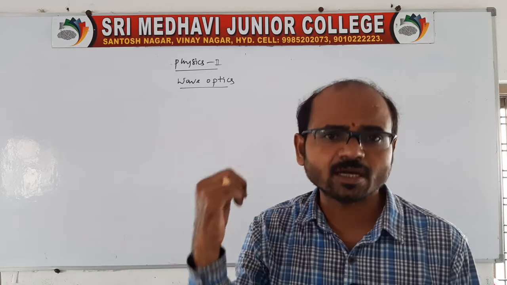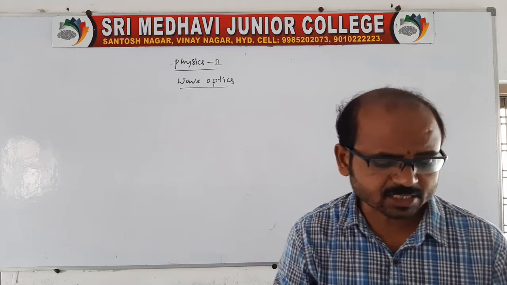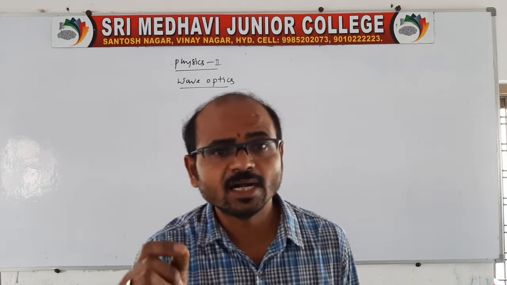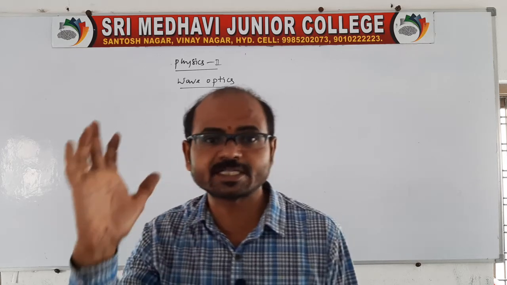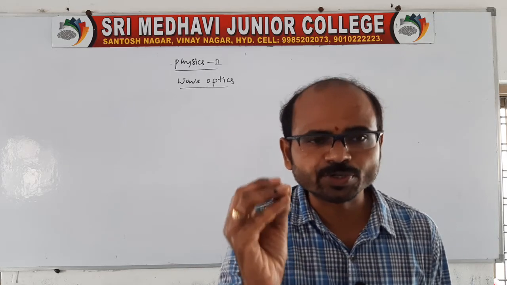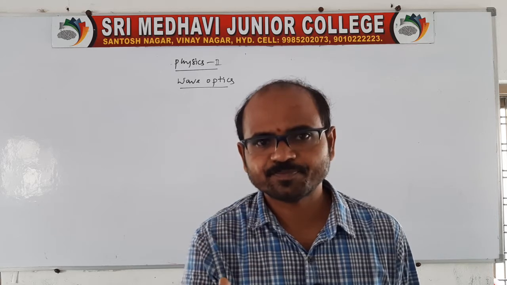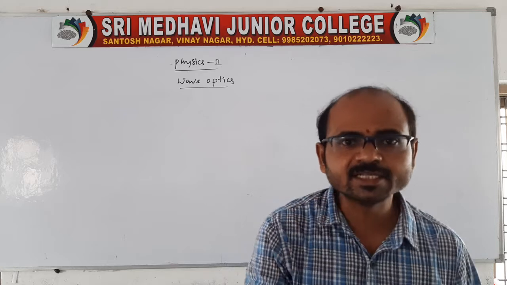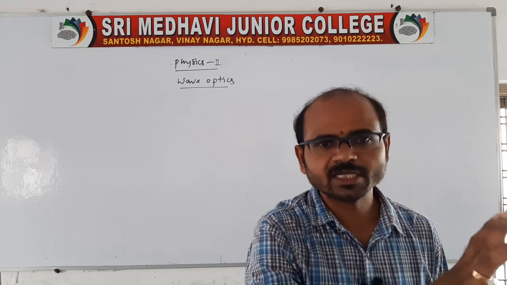That assist is nothing but the optical instrument. So we can say the ability of an optical instrument to produce distinctly separate images, we can call the resolving power of an optical instrument.